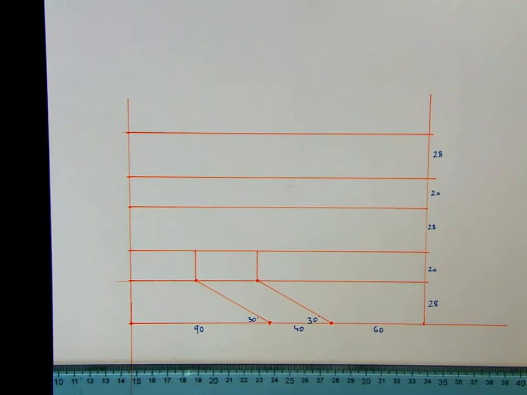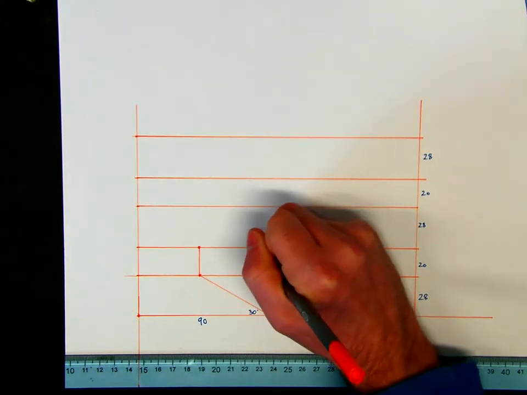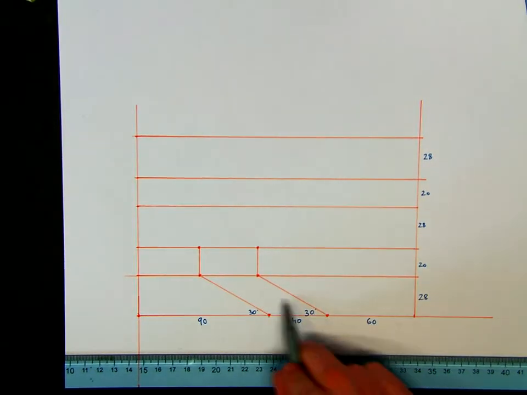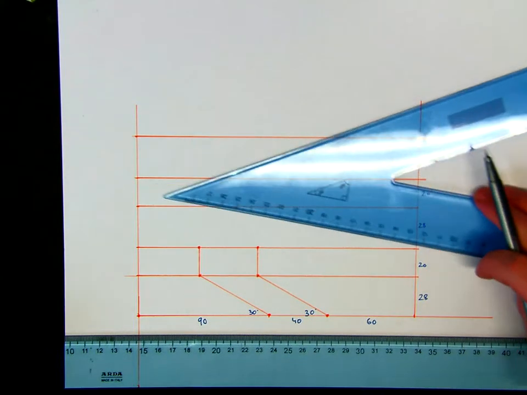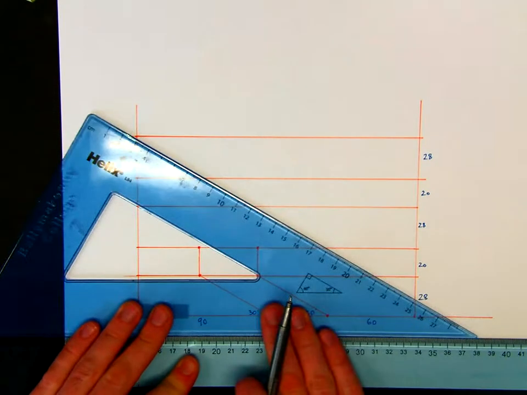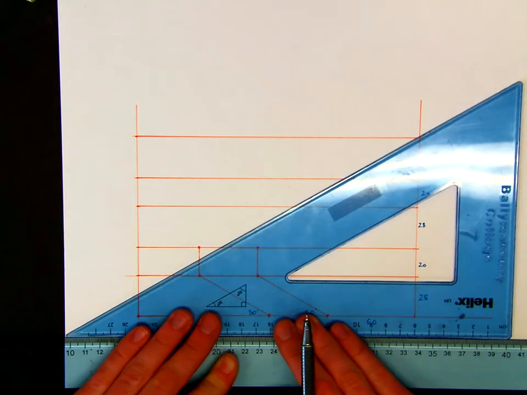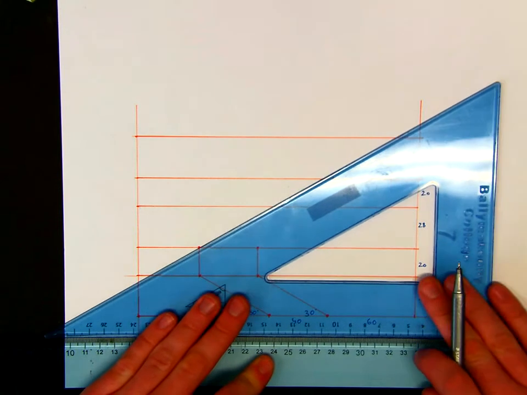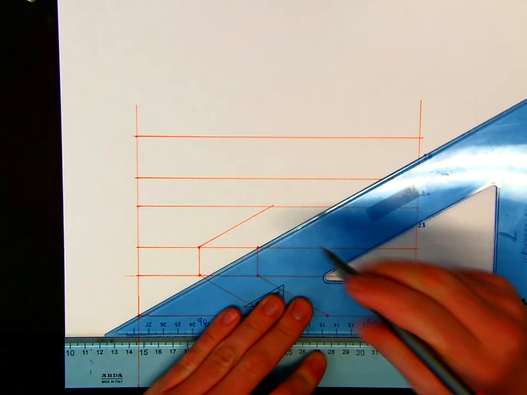Okay. From these 2 points now, I have another 30-degree angle. The only thing is the previous 30-degree angle was going to the left. This time the 30 degrees has to go to the right. So to do a 30-degree line to the right, our set square was that way for the first one. You need to flip your set square around so that it's sitting like that on your T-square and bring them up at 30 degrees to the right-hand side this time.